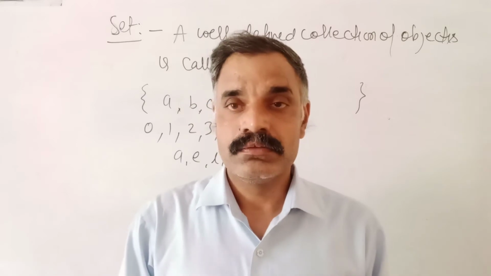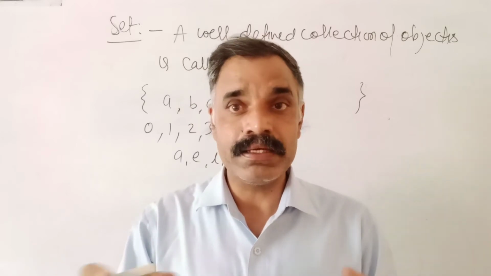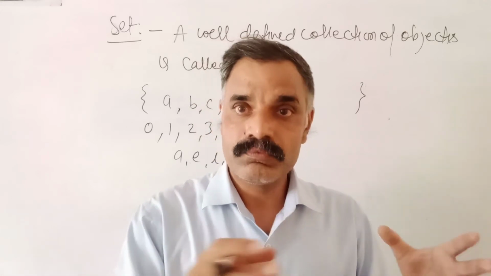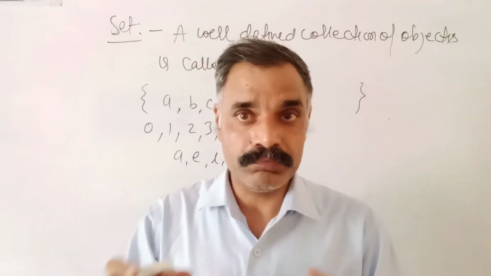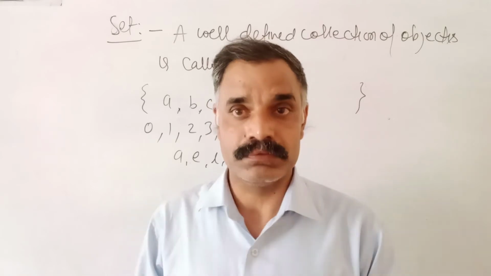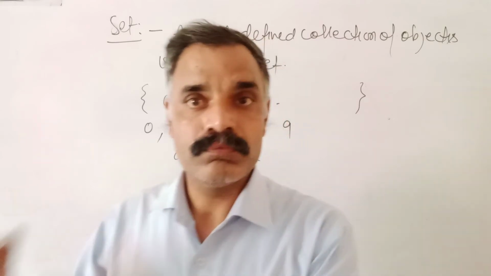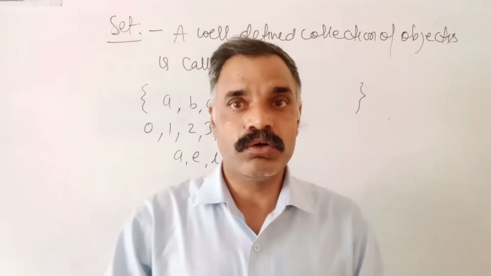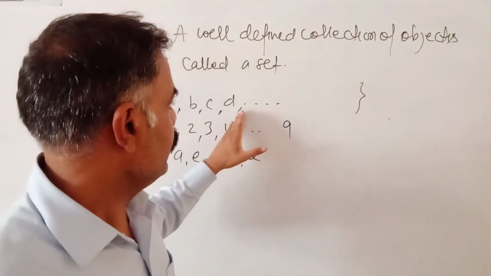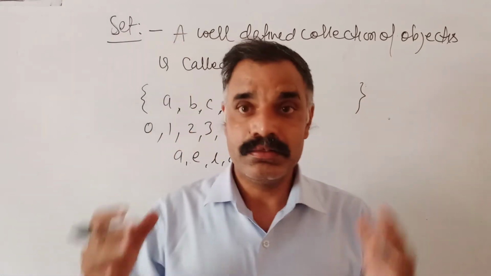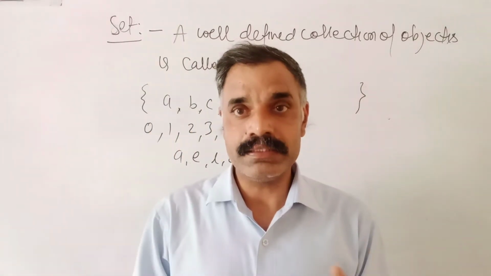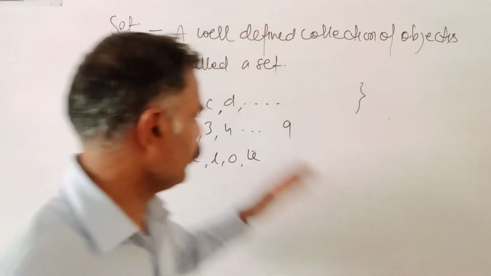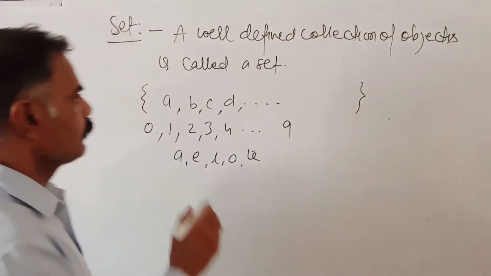A cannot be written more than one time; it can be written only one time. So in a set elements cannot be repeated. They are put in curly brackets and separated by commas.